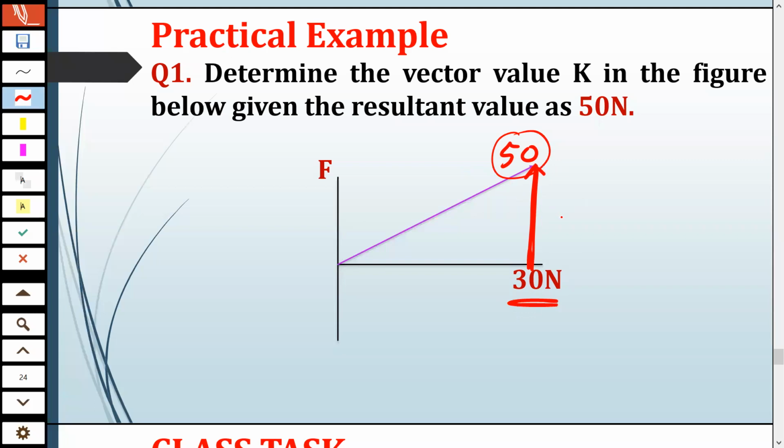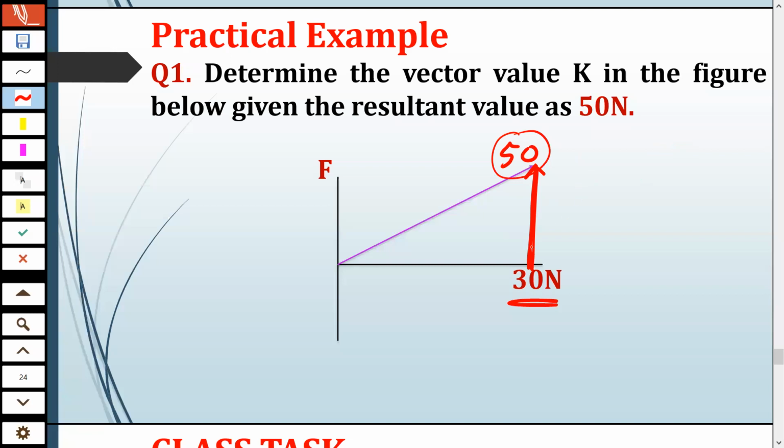So this one is straightforward. If you want, you can first use SOHCAHTOA to find the angle, and then use SOHCAHTOA again to find the other component. Or if you want, you simply use the Pythagoras theorem.